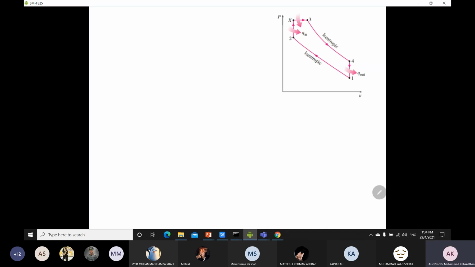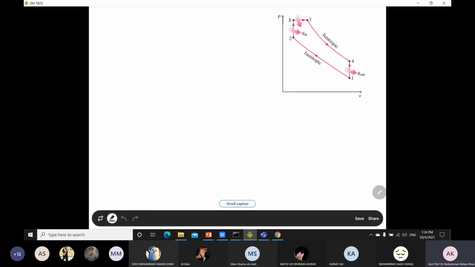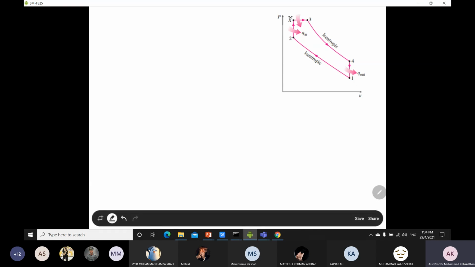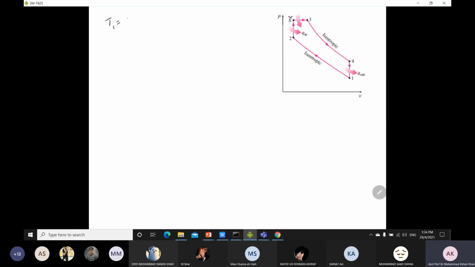Okay, starting from the PV diagram. This type of PV diagram is also mentioned in your book, so I marked this point as x over there. I hope there will be no confusion about how to draw this PV diagram for the dual cycle. Starting from the data in your question, the temperature T1 is 300 Kelvin.